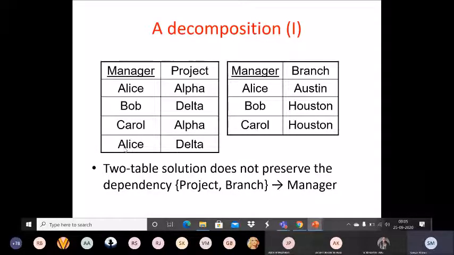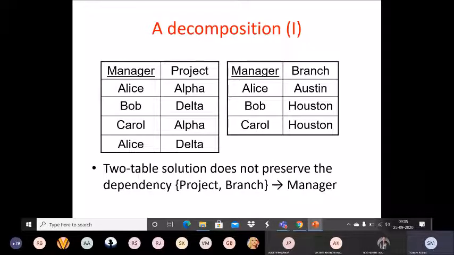Up to this okay. Manager, branch is also okay, no problem. But this table doesn't preserve the dependency: project and branch should determine the manager. This functional dependency does not exist here.